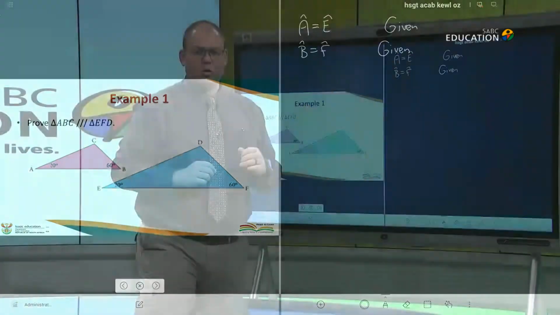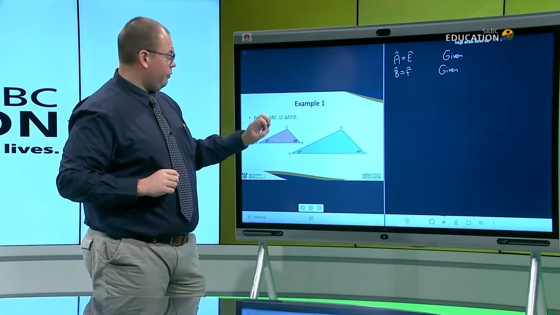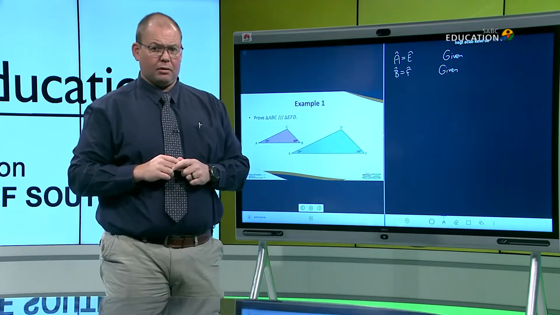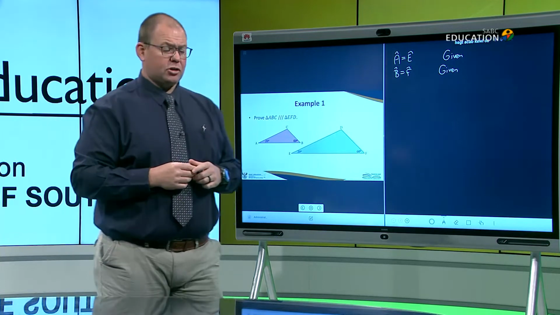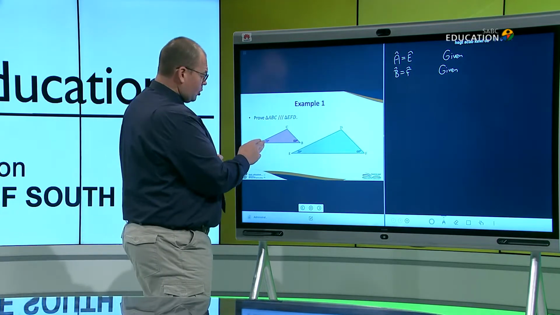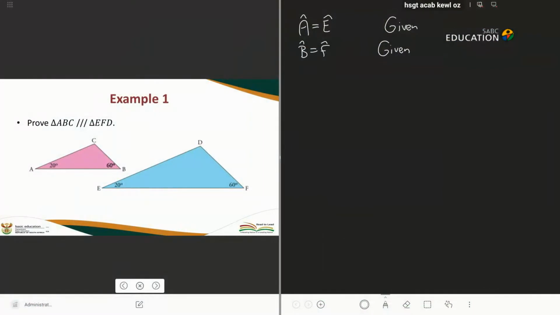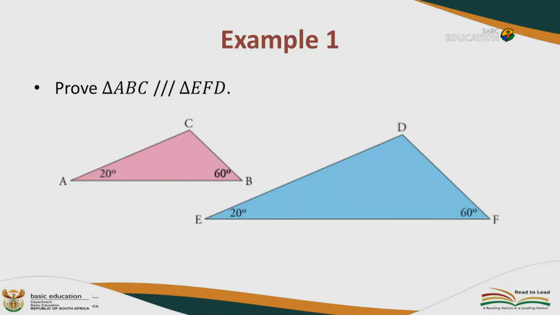So now, because we have two pairs of angles that are equal, we do not need to calculate the third angle. All right. So if we had a scenario where we had 20 degrees and 60 degrees, and we had 20 degrees and D 100 degrees, then we would need to calculate the ungiven or the unknown angle in the triangle. But now we don't have to, because you know that from similarity, I only need to prove that two of the three angles are equal.